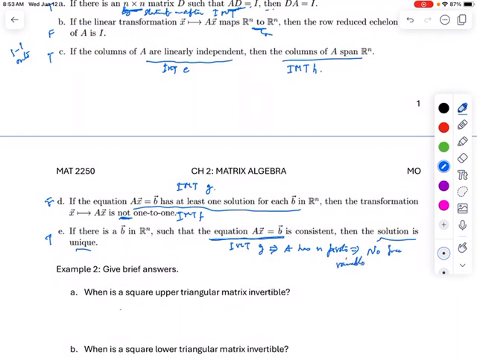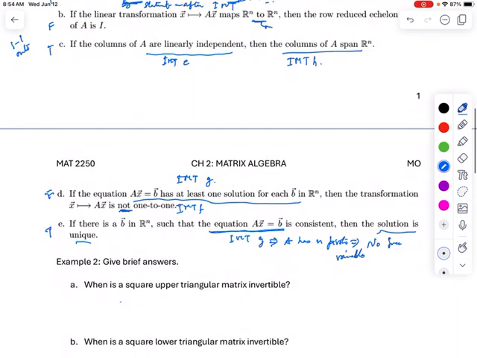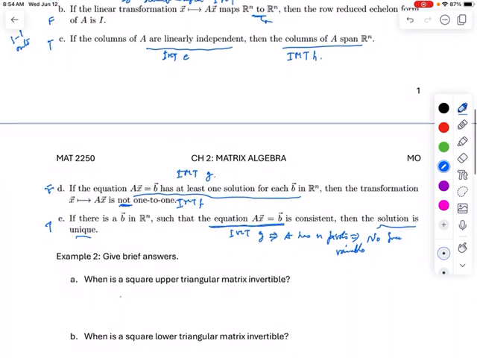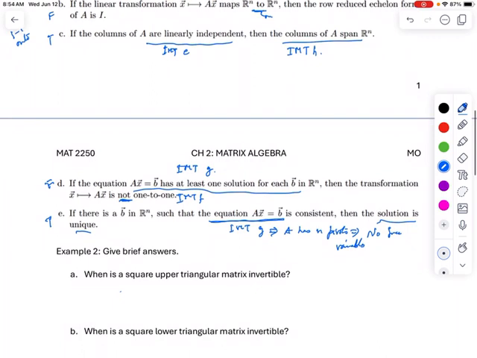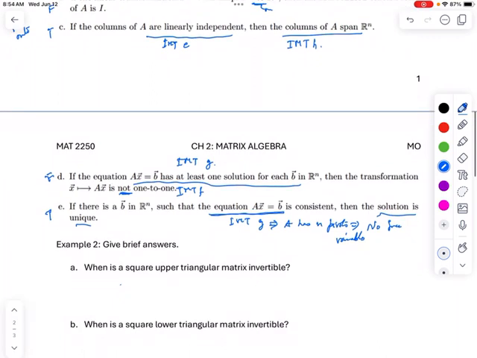So remember, in an upper triangular matrix, the determinant is computed by multiplying the diagonal entries. And if the determinant is 0, the matrix will not be invertible, and if the determinant is non-zero, then it is invertible. So if you are taking the product of the diagonal entries, then it means the diagonal entries should be non-zero. So it will be invertible when all diagonal entries are non-zero.